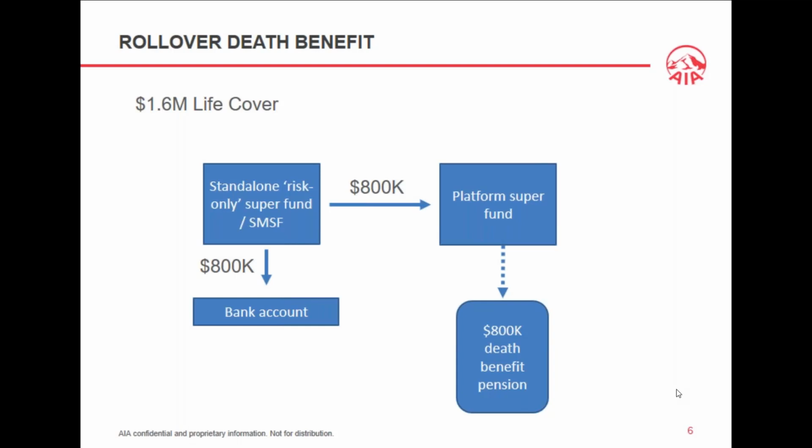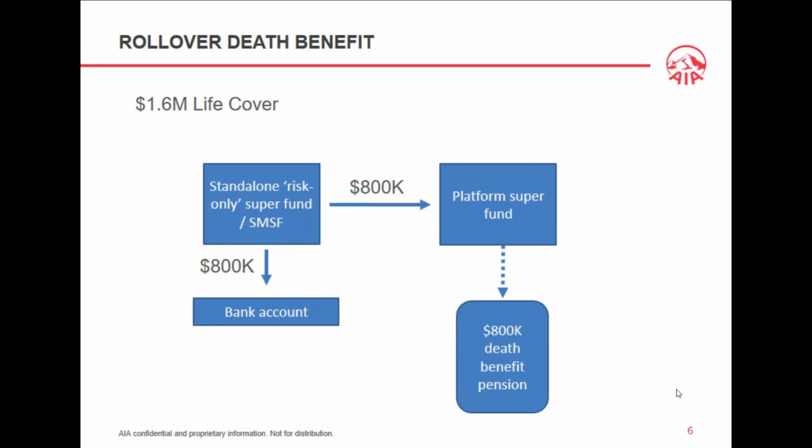Now, in terms of why we want to go into pension phase, obviously in this case we're within the $1.6 million transfer balance cap limit, so the capital sitting inside the pension will accumulate tax-free inside the pension environment.